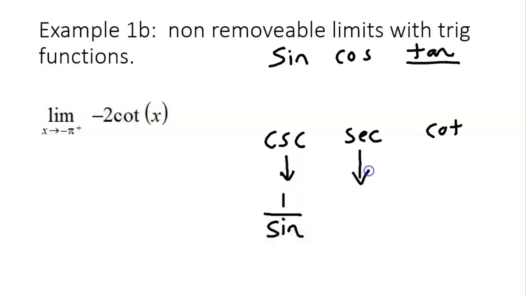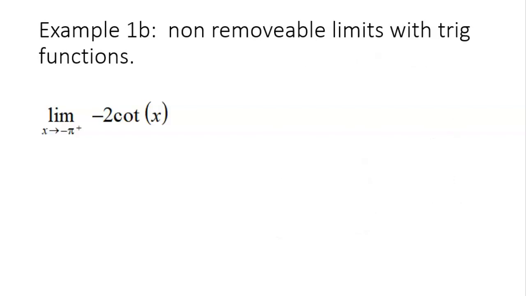For secant, you're really going to type in 1 over cosine. And for cotangent, we're going to type into our calculator 1 over tangent. That way, we can actually use our calculators by changing them into their sine, cosine, and tangent equivalents. Okay? So, having said that, let's go ahead and get started.